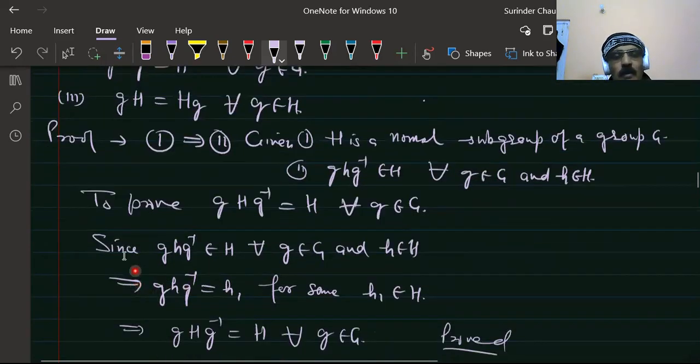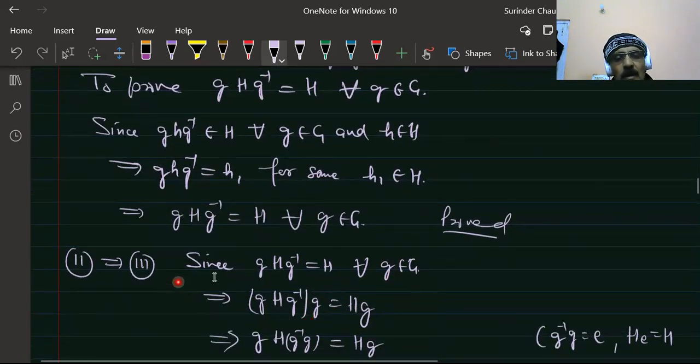Since g h g inverse belongs to H is given, if g h g inverse is equal to h1 for some h, this holds true for all elements of H. So g H g inverse is equal to H for all g in G.